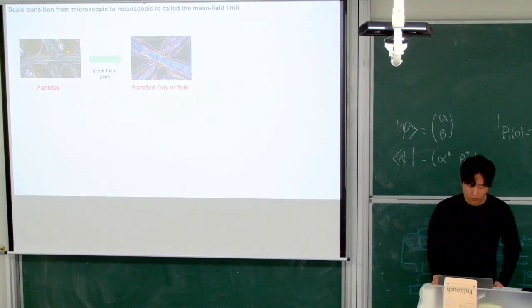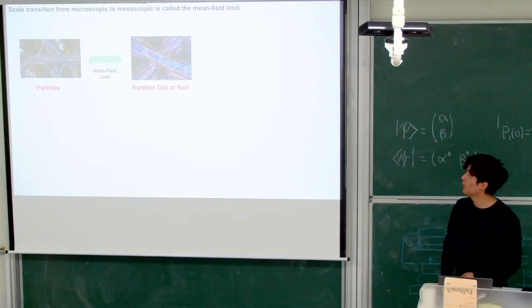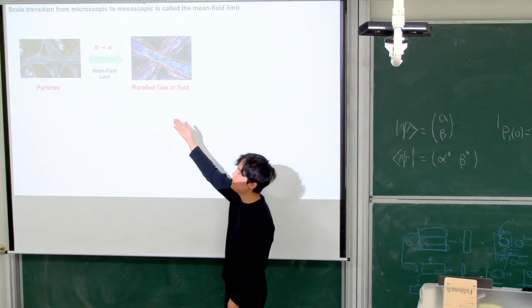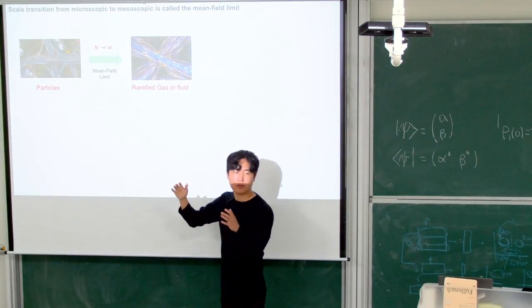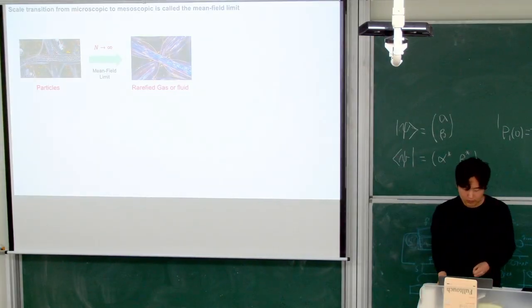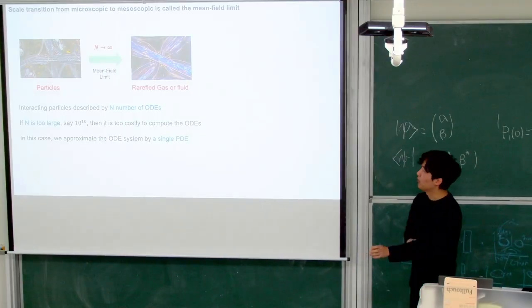Then we have to perform some limit. Here we want to do the mean field limit. So it is kind of sending the number of particles to infinity, n goes to infinity. Okay, so mean field limit is n goes to infinity.